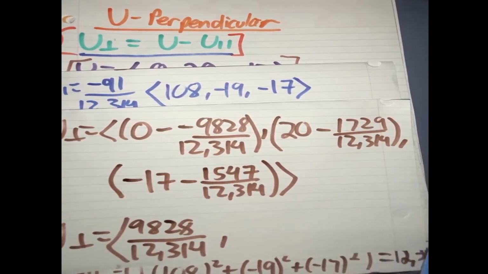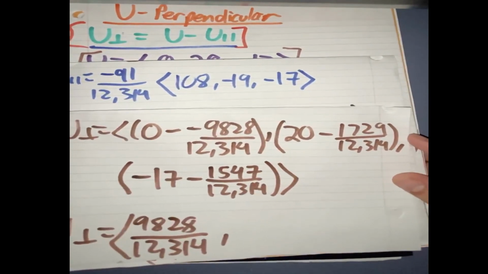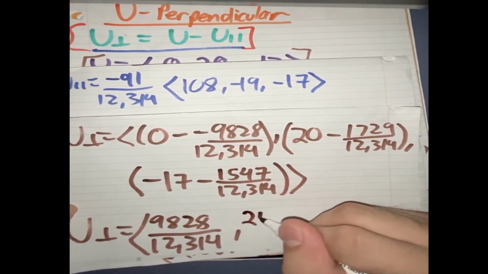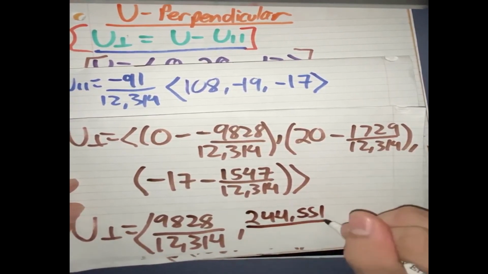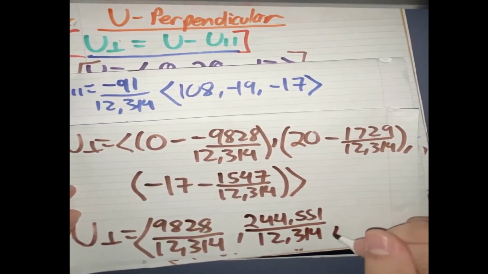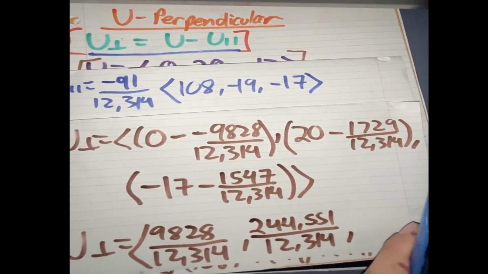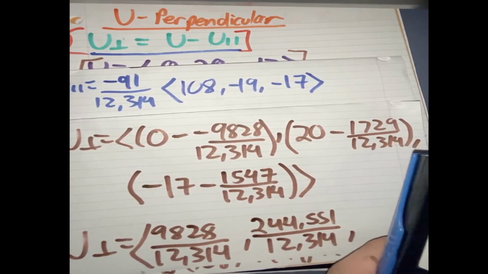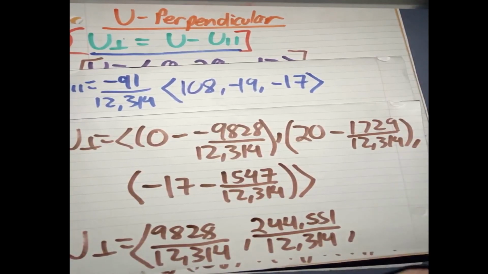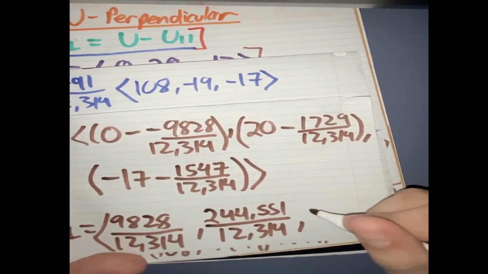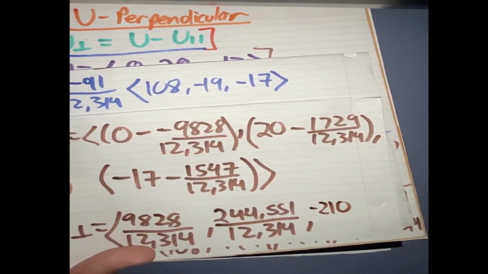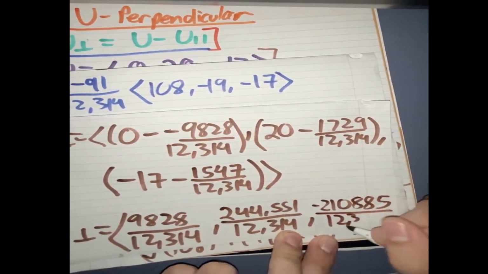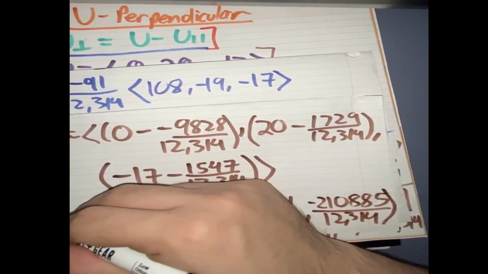And for this number, we get, for the next one, we get this number, 2044.51 divided by, and then our next term we get 885. And this is our final answer.